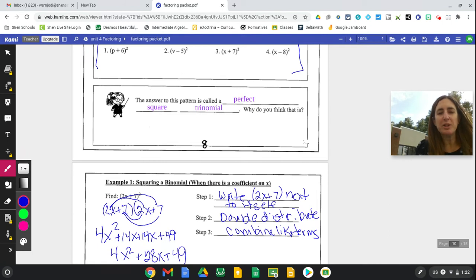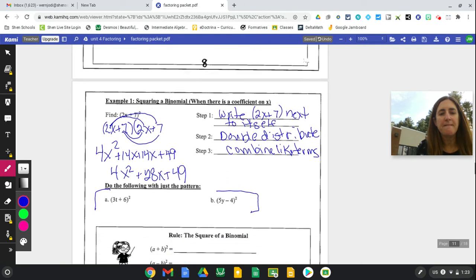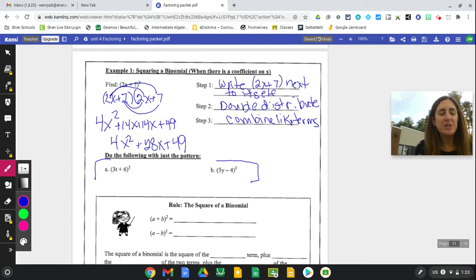And the middle term actually comes from a pattern. So we're going to do the same idea. You guys are going to do this A and the B and try to find the pattern that is occurring there. So there's actually a rule that happens with these perfect square binomials, we call them.